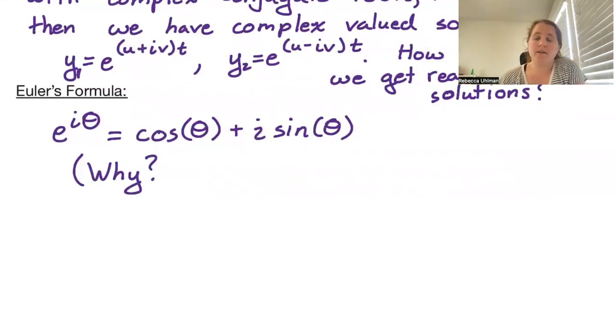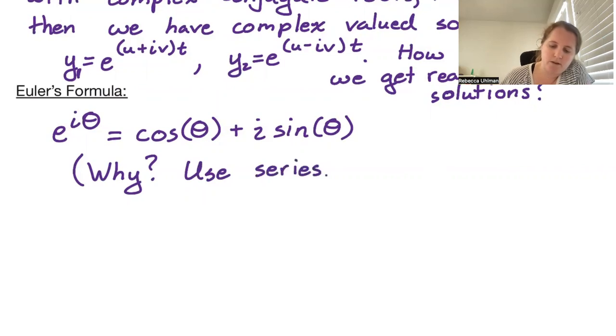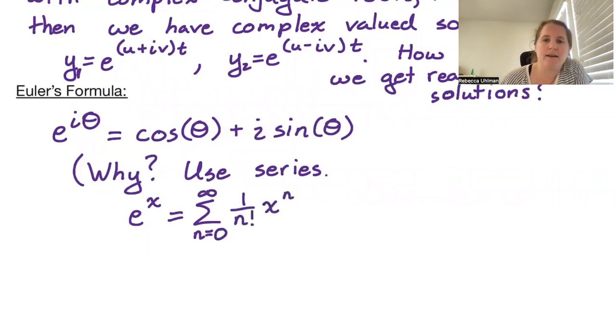We can go ahead and use the series expansions of each of these. So e to the x is given by the series from n equals 0 to infinity of 1 over n factorial times x to the n.